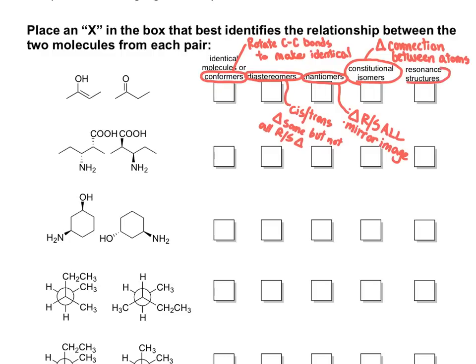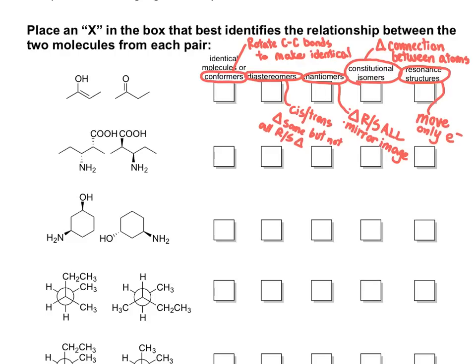And then resonance structures, this is a throwback to a much earlier segment. Resonance structures imply that we have moved only electrons in going from one structure to another. So resonance structures are related by moving electrons from one place to another to yield different possible Lewis structures of a molecule. So we're going to try to establish what term here best describes the relationship between each of the pairs of molecules that we've shown.